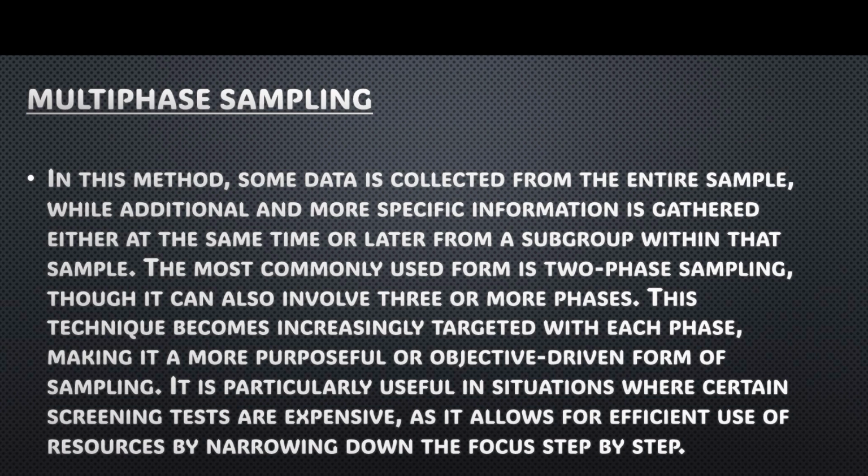For example, for cancer screening in women, in phase 1 all women can be surveyed for the risk factors like age, family history, lifestyle, and then in phase 2 high risk women are invited for clinical breast examination or pap smear or mammography or ultrasound depending on the age. And in phase 3, for those who came positive for these screening tests, these women can be suggested for biopsy.